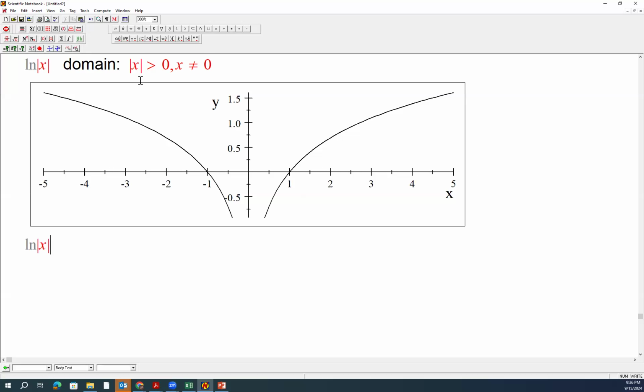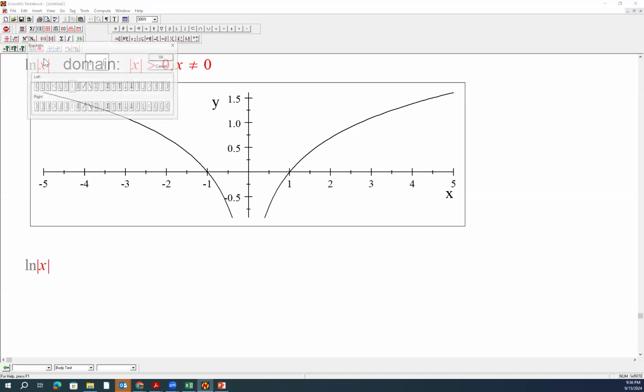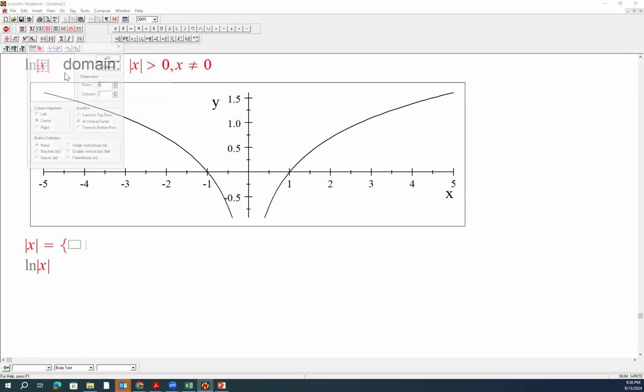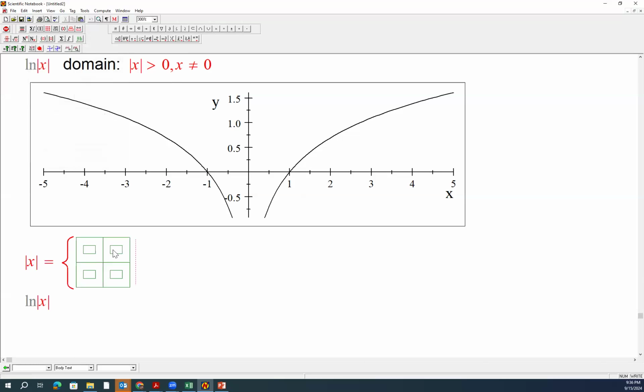If we apply the absolute value, and now we don't want x to be equal to 0, we have two pieces. If x is larger than 0, then the absolute value of x is the same as x.